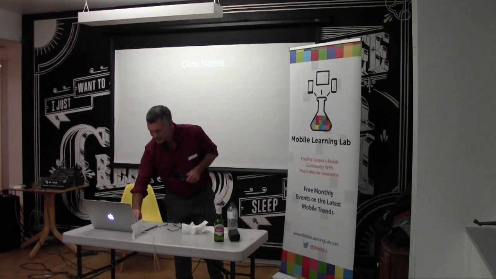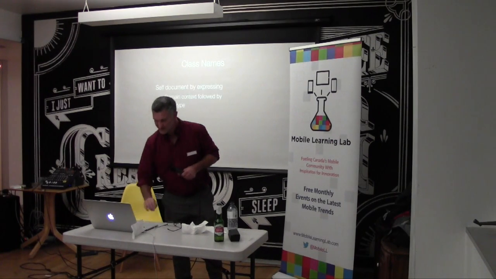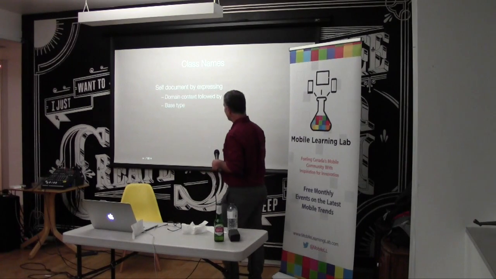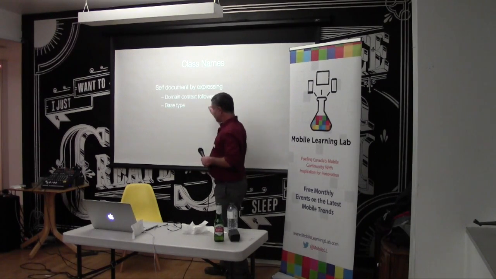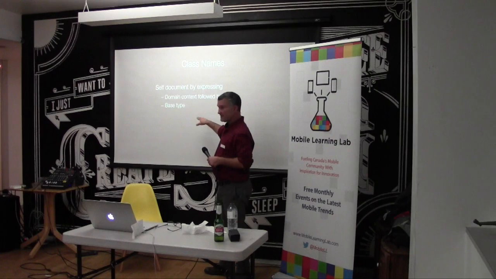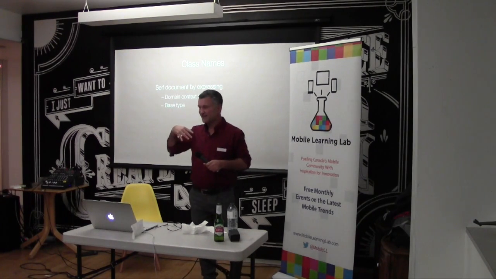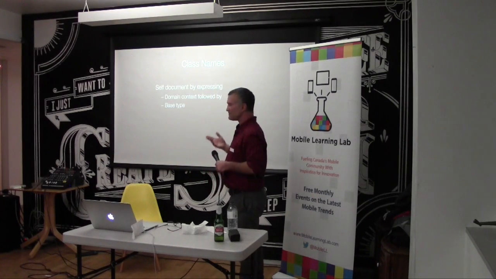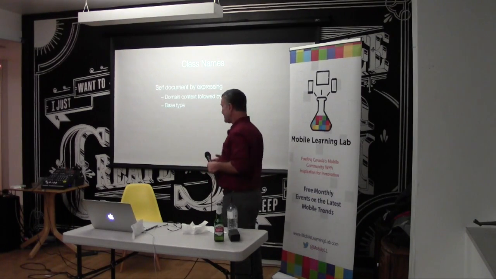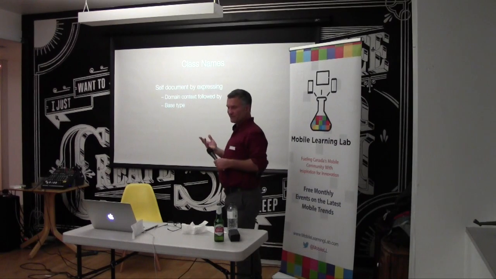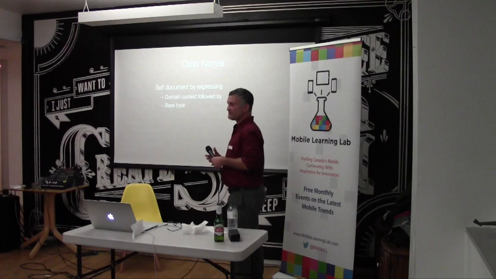So what I'd like to see happen in most projects is that we express their domain context followed by their base type. A lot of us are used to using the base type, so if we inherit something from a view controller, the words view controller are on the end of it. If we inherit from a view, the word view is on the end of it, unless it becomes more, it's funny, the word abstract, because it's used in two ways.